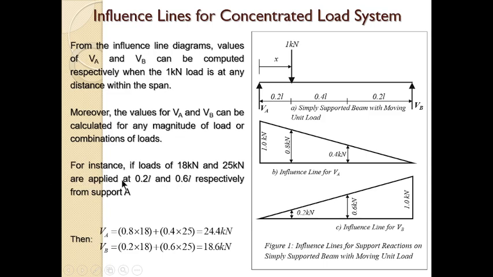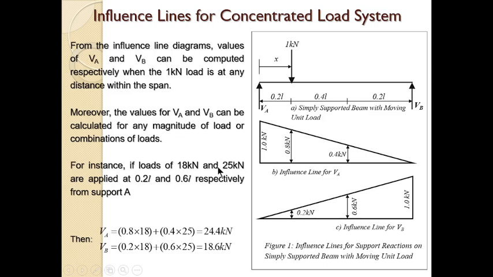For instance, if loads of 18 kilonewton and 25 kilonewton are applied at 0.2L and 0.6L respectively, we can calculate the reaction at support A and support B. That is, the 18 kilonewton load is applied at 0.2L. So where is 0.2L? This is 0.2L. That means the 18 kilonewton load will be applied at this point.